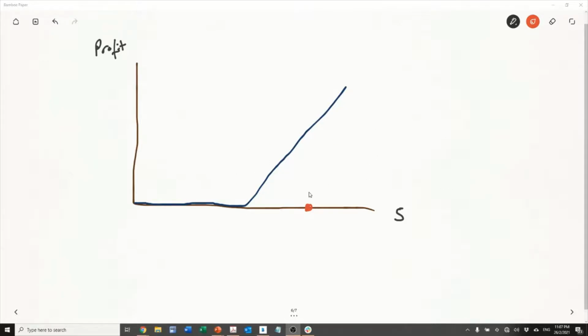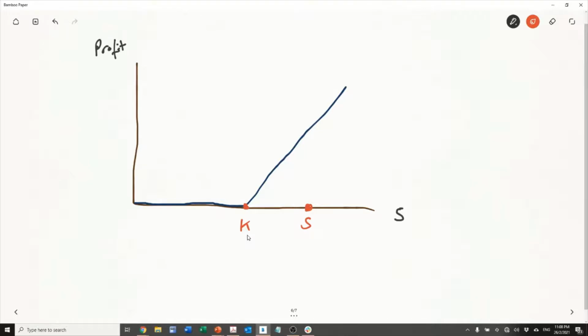In this payoff diagram, we observe that S is higher than K. This is K and this is S. So it is a situation where it makes sense for the investor to exercise.